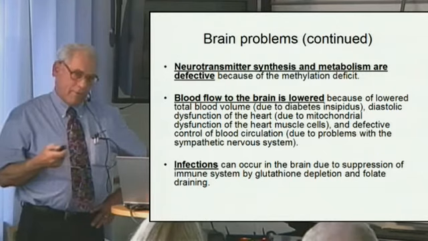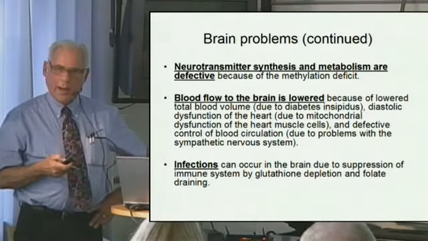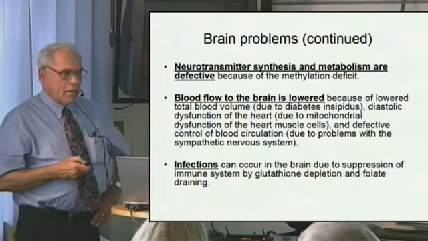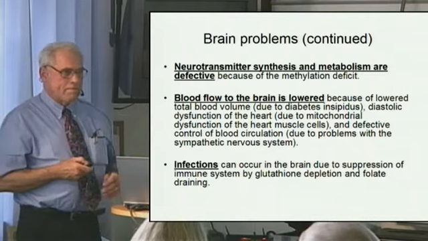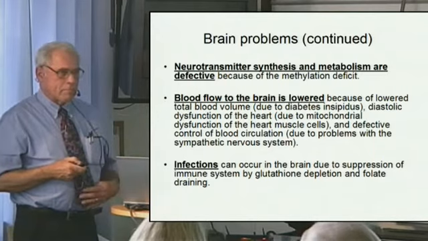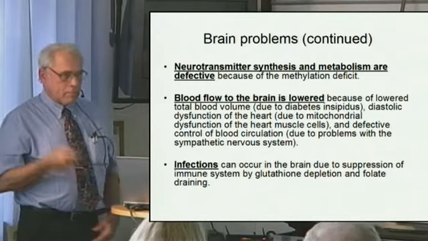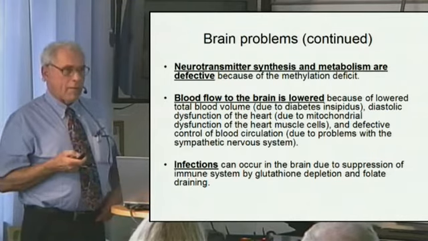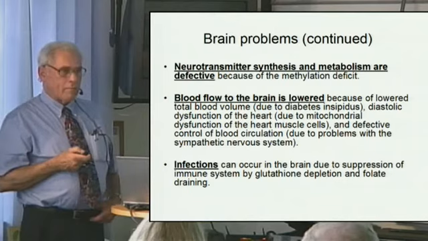So things like viruses are difficult to combat. The defective control of blood circulation can also be due to low functioning mitochondria, because they don't have enough energy to regulate blood flow, and then you will get ischemic pain. Could be one thing within fibromyalgia.